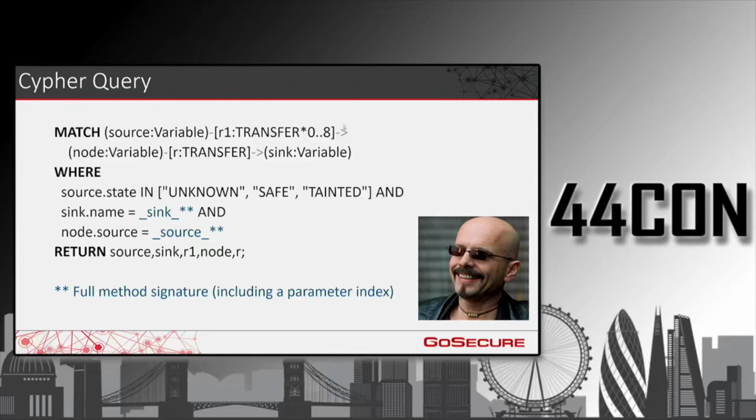And we're going up to 8 in depth, which is reasonably far. We're going to match for a specific sink and source. And the source is for this one, to make sure we're looking at the right call.